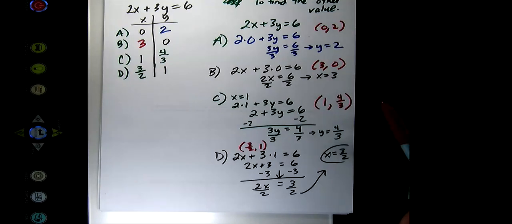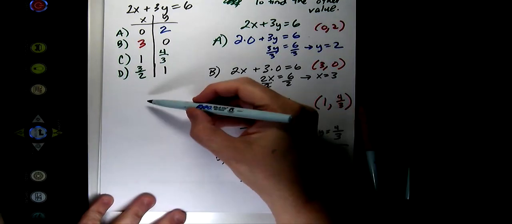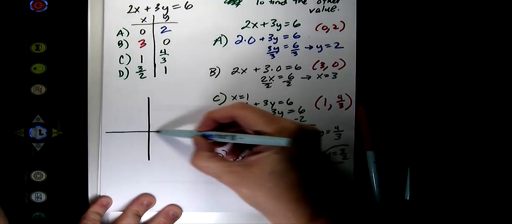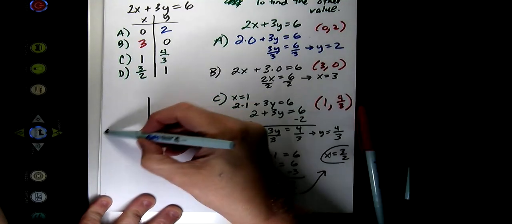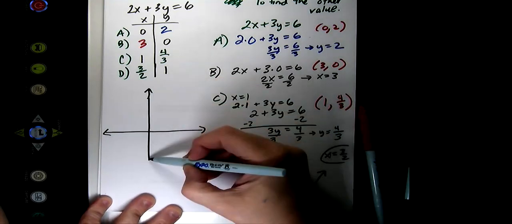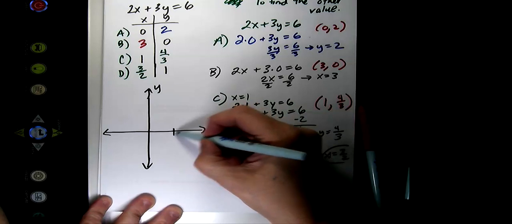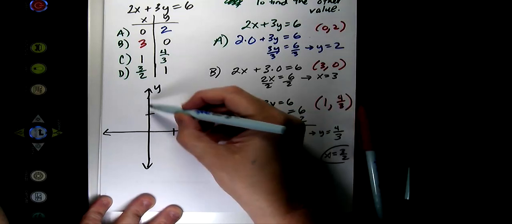Now we plot. All of these are within 2 of the origin, which makes it easy. I can make big boxes here.